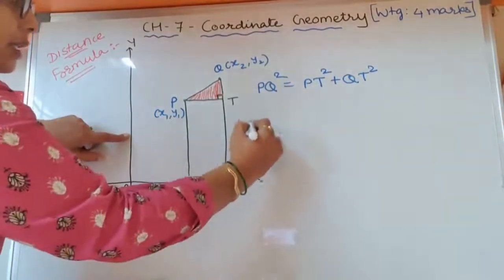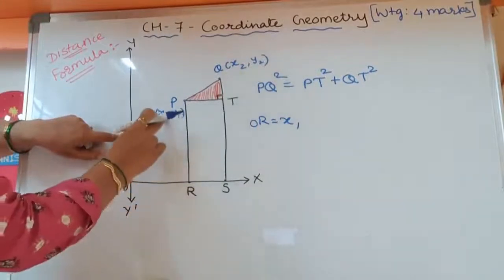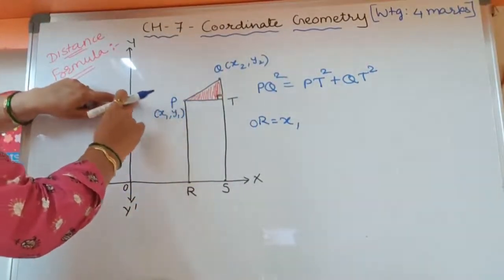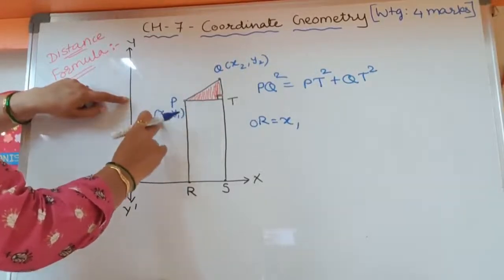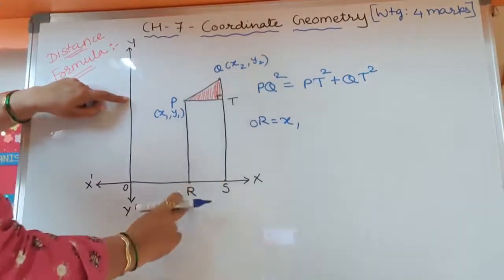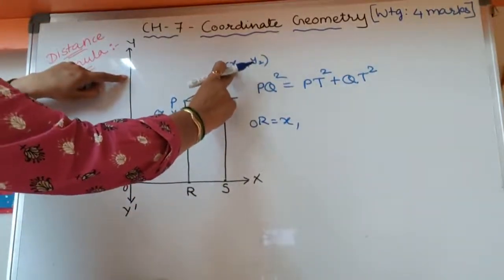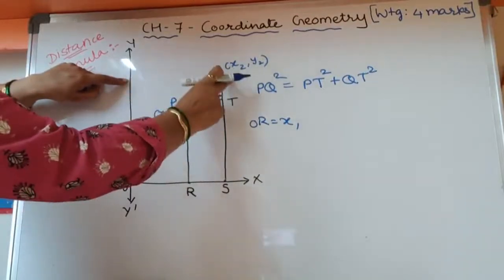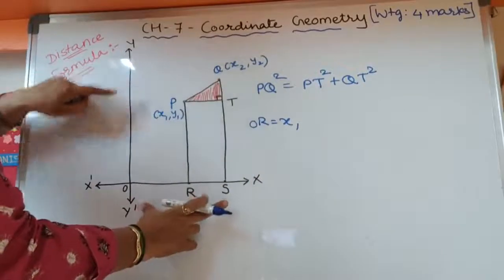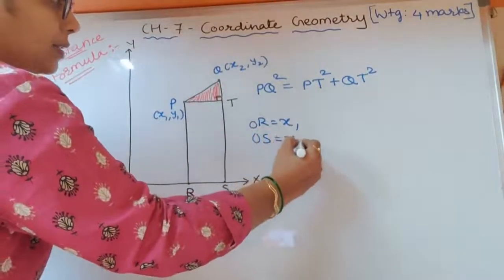So here we can say that OR is equal to x1, as this is x1. Similarly, Q has x coordinate x2, so we can say that OS is equal to x2.